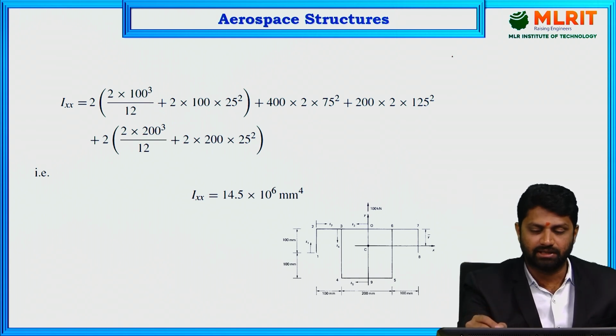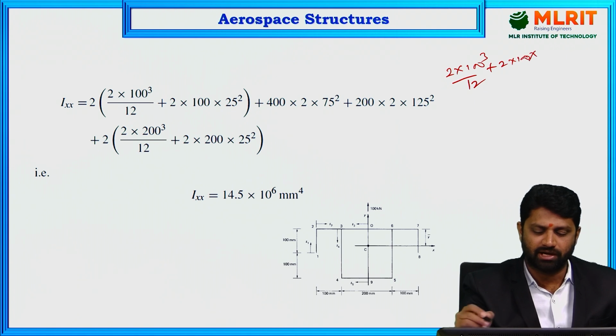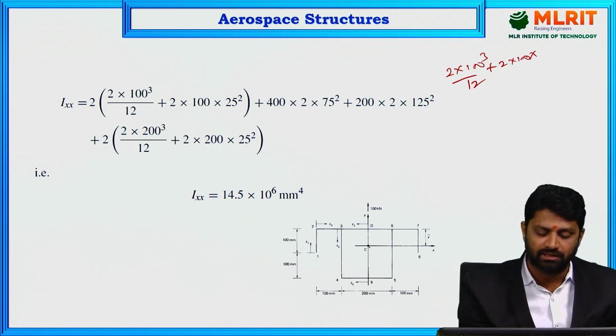I'm writing here BD cube by 12, B is nothing but 2 and depth is 100, so we'll write 100 cube by 12 plus area, that is 2 into 100, into y bar squared. What is the y bar that you have to take? The total figure centroid is here, and the first figure centroid is here, and this distance is 75 mm.